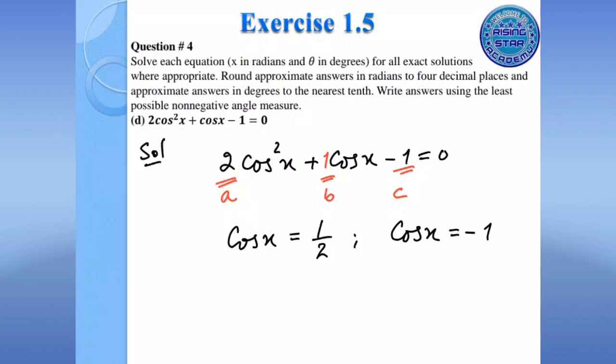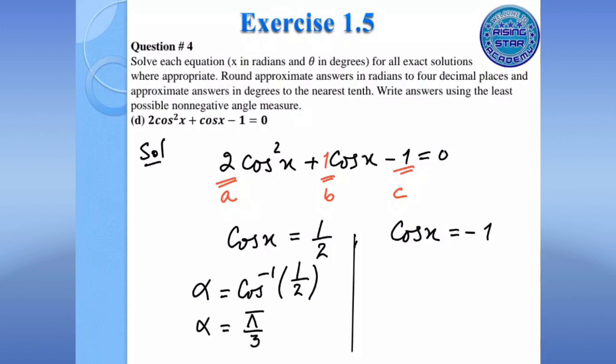Now we will find the basic angles to simplify. First of all we will find alpha, that would be cos inverse of 1 over 2, and we know that cos inverse of 1 over 2, the exact value, would become pi by 3. So our alpha value would become pi by 3.